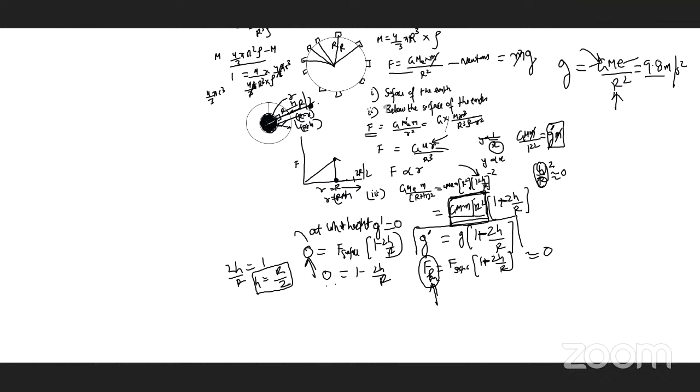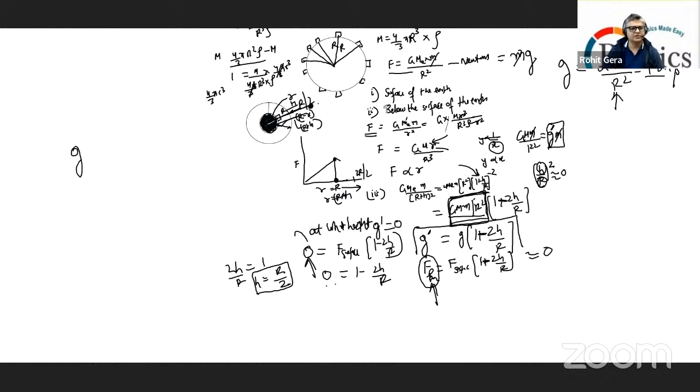ठीक है. One expression which should be clear in your mind is that g at depth, if you go inside, can be written as this expression जो हमने निकाला था, ये वाला. This is for depth. Gravity will be dependent on GM r by R cube.